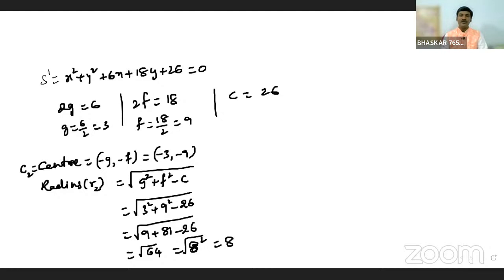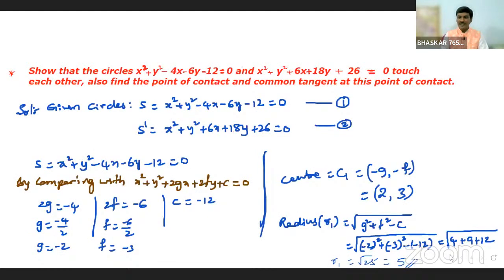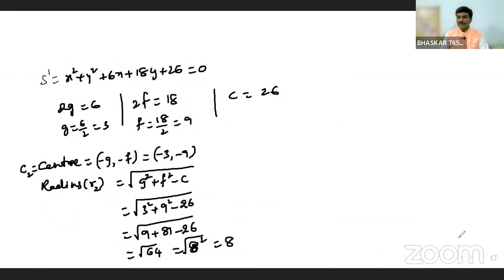So now the first circle center is 2 comma 3 and radius 5. C1 is equal to 2 comma 3 and R1 is equal to 5.